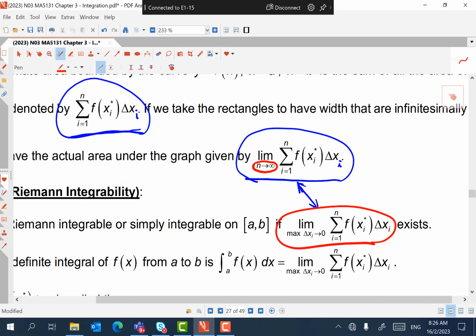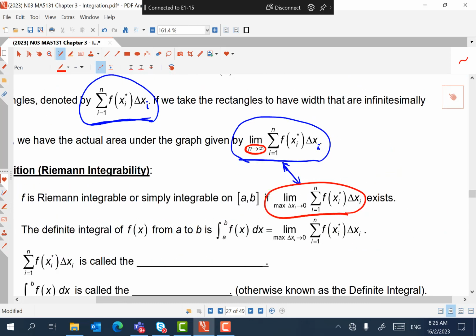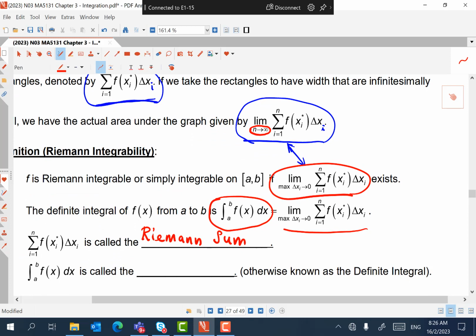Okay, now we go into some terminology, some definitions. Class, you want to know that this definite integral, which represents the area under the graph from a to b, is defined to be this, and this summation that you see here is called the Riemann sum, and this integral, which you call the definite integral, is actually also known as the Riemann integral.